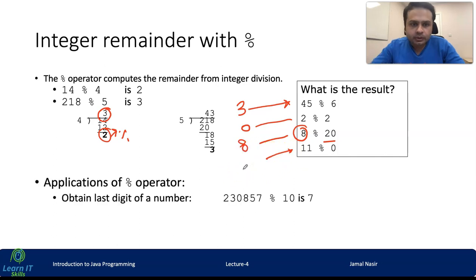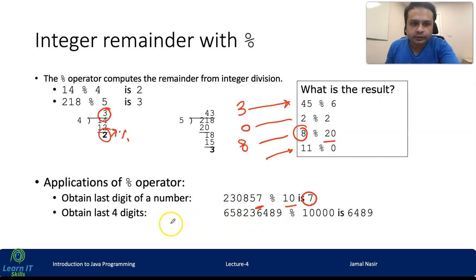Applications of the modulus operator: we can obtain the last digit of a number by taking it mod 10, and we will get 7, right? Similarly, if we want the last 4 digits, then we can simply use 10,000 with the mod operator.